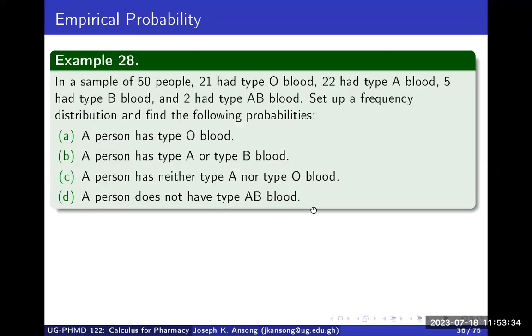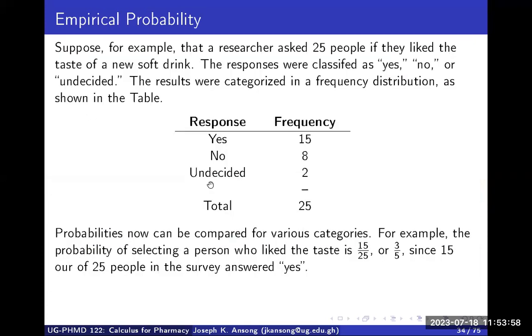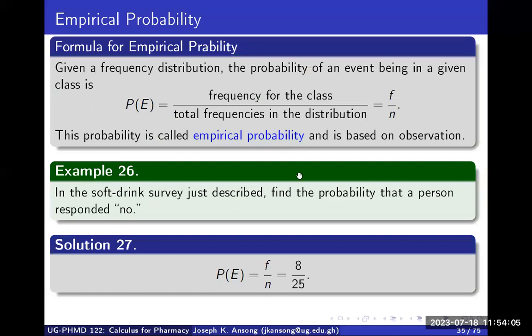Here's another example. In a sample of 50 people, 21 had type O blood, 22 had type A blood, 5 had type B blood, and 2 had type AB blood. The question is asking to set up a frequency distribution like the one we just saw, for the different types of blood and the number of people who have those types.